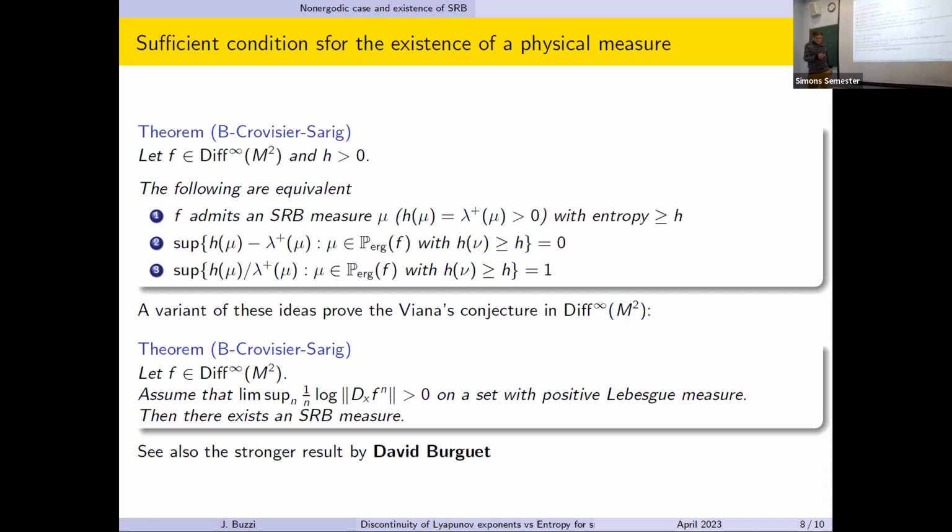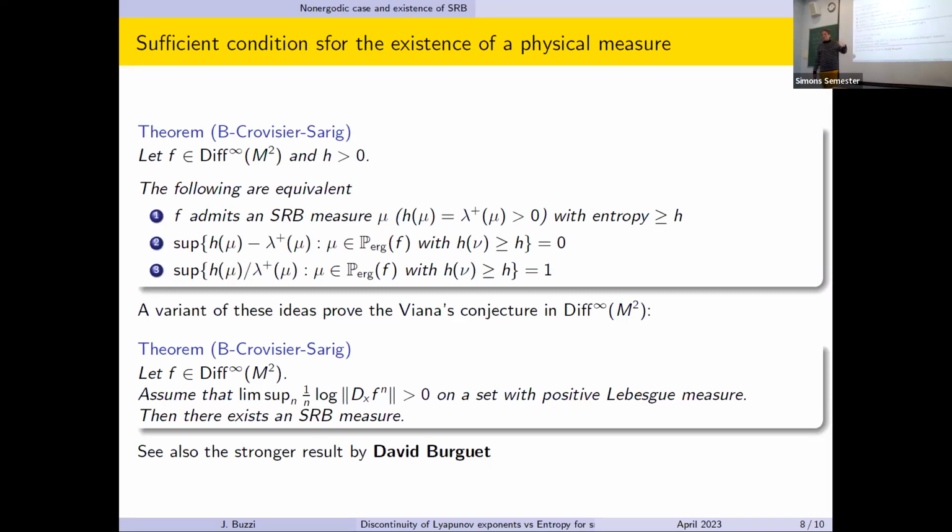So we don't know if such a measure exists or not in general. It can exist and it can also fail to exist. But one characterization of existence, in positive entropy at least, is that you will have a measure that achieves this equality, so achieves zero pressure, to call things by their name, exactly when the supremum is zero.